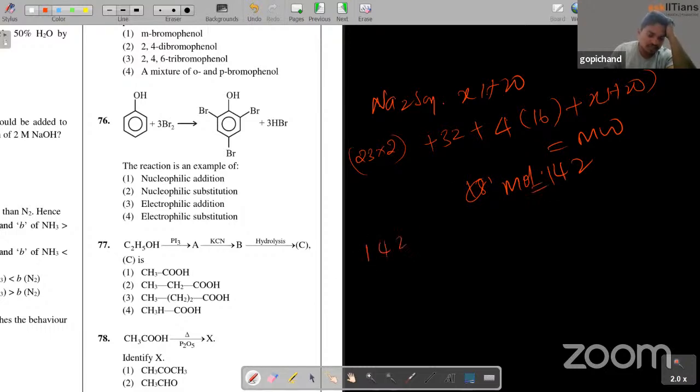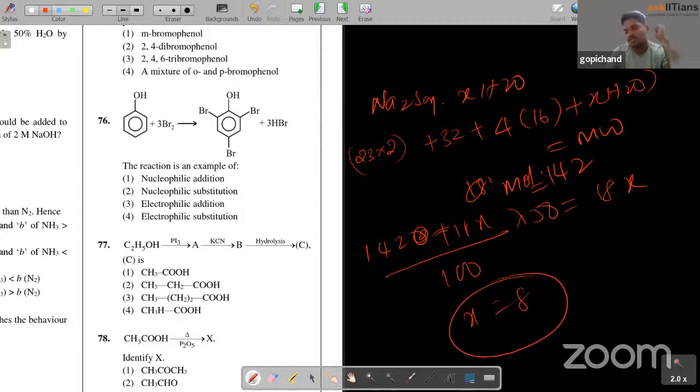So 142 plus 18x, and 18x divided by the total times 100 equals 50. If you solve them, the x value will become 8. So as simple as that. I hope you guys can understand this one. Okay, nice.